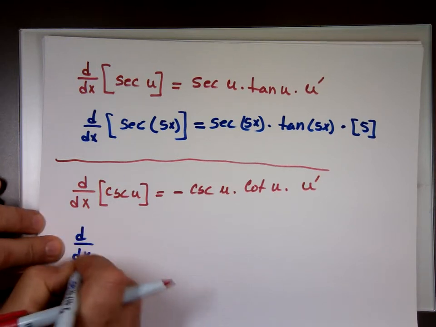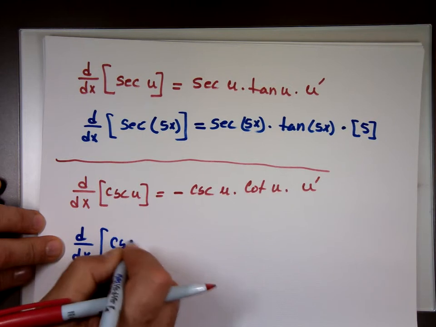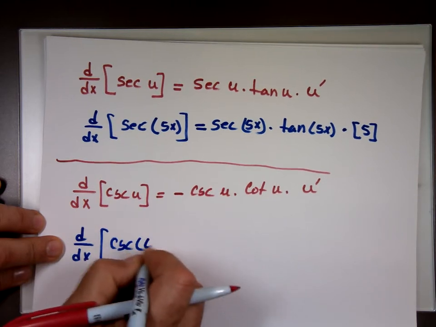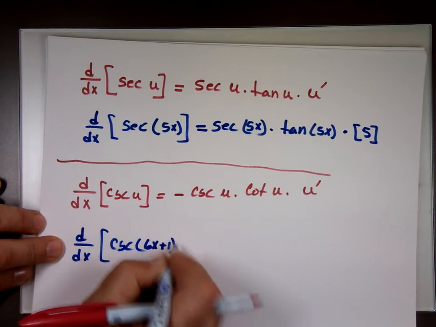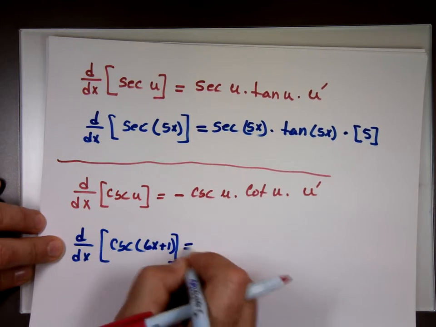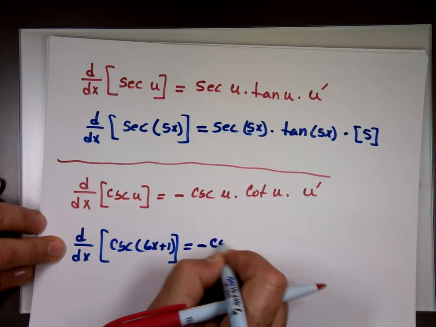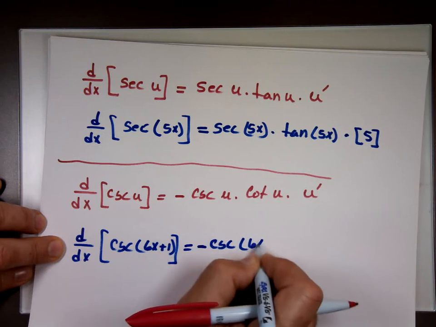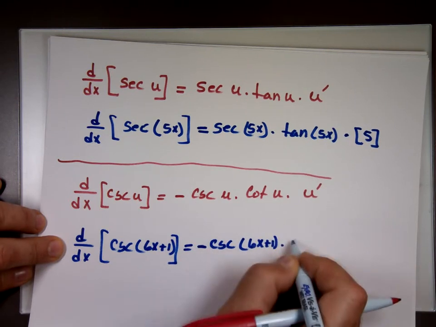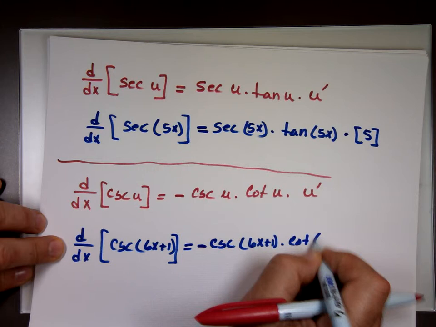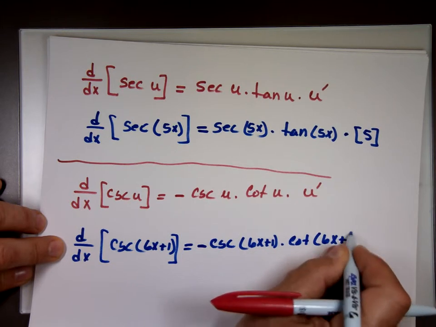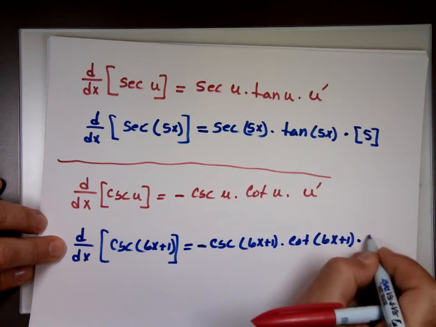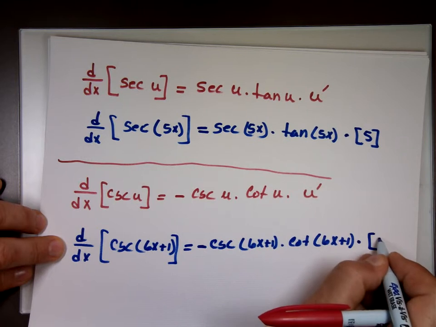Derivative of cosecant 6x plus 1 is going to be negative cosecant 6x plus 1, cotangent 6x plus 1 times the derivative of 6x plus 1, which is 6.